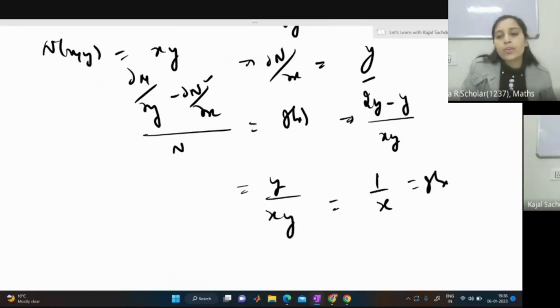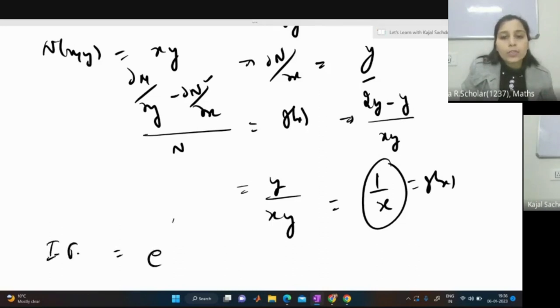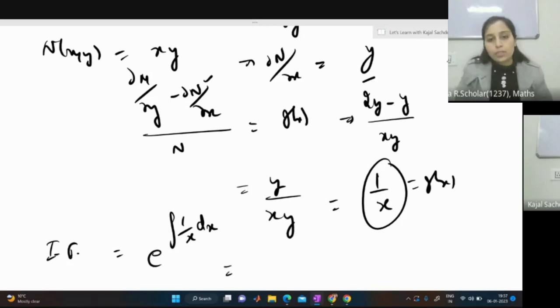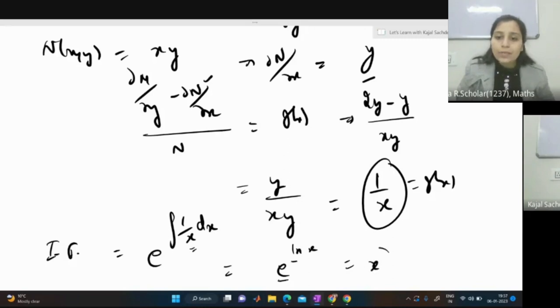So we get a function of x. Now we can find the integrating factor as e raised to the power integral of 1 upon x dx. The integration of 1 upon x is log x, and the exponential and logarithm cancel, and we get x. So x is the required integrating factor.